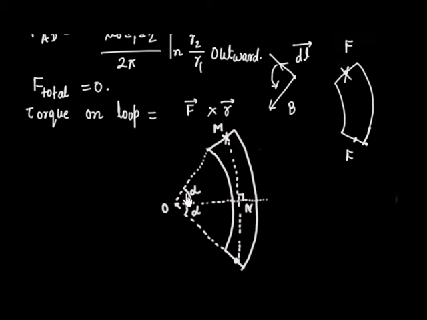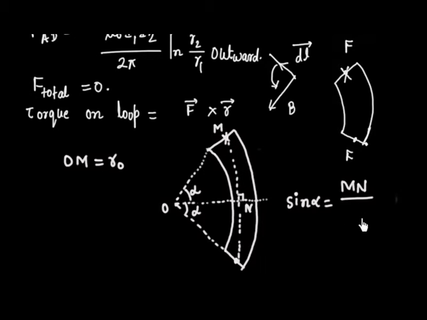And we can calculate only if this distance is given. So let us say the question also gives you OM and this distance is R0. So now we can calculate MN. So what is MN? Let us write sine alpha equals MN divided by OM.